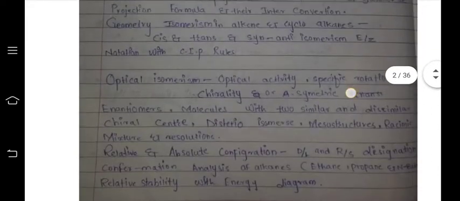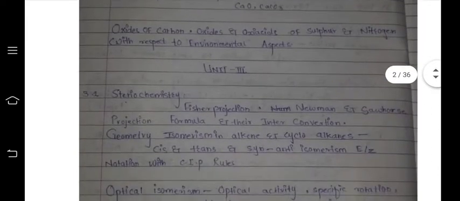Today we are going to start the chemistry second unit, number third, of the organic chemistry. In that we are going to study stereochemistry.